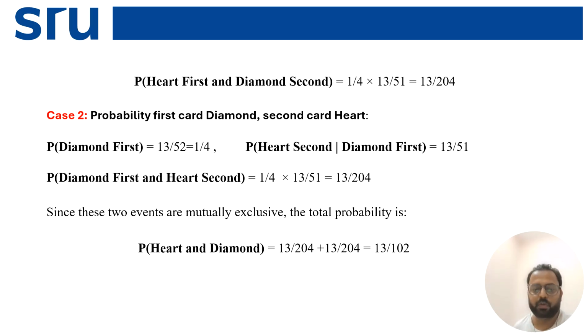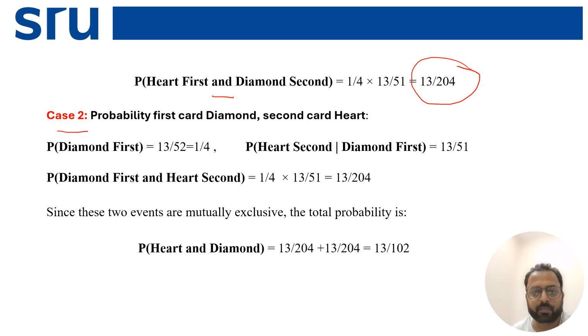We take the product of probabilities in the case of "and", and in the case of "or" we add. So 1 by 4 into 13 by 51, which is 13 by 204. This is the probability of selecting heart and then diamond.